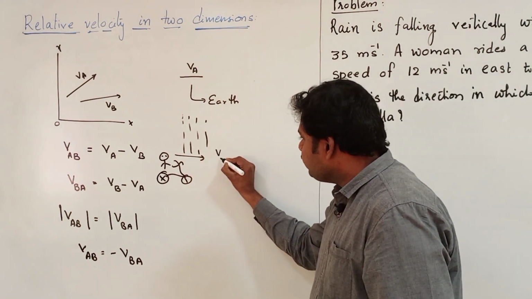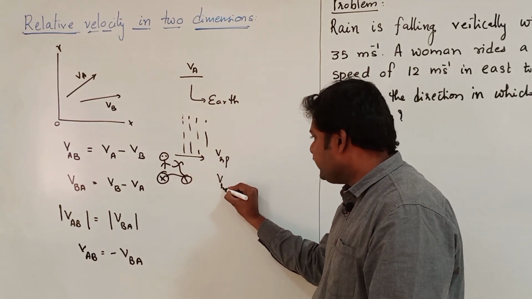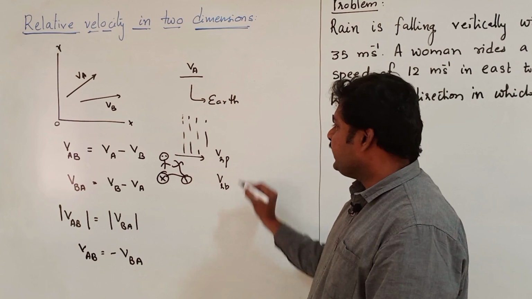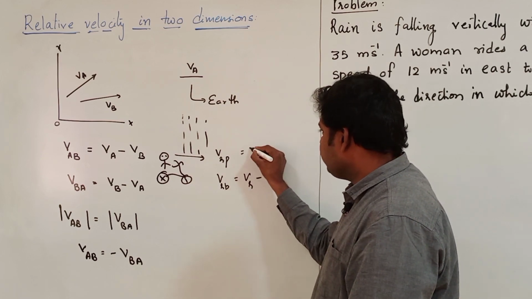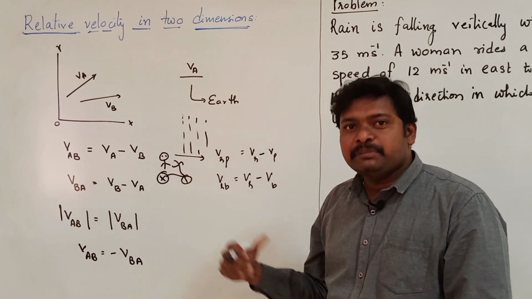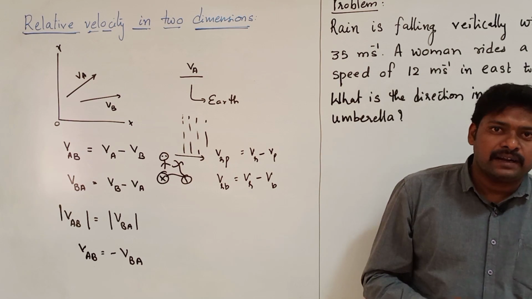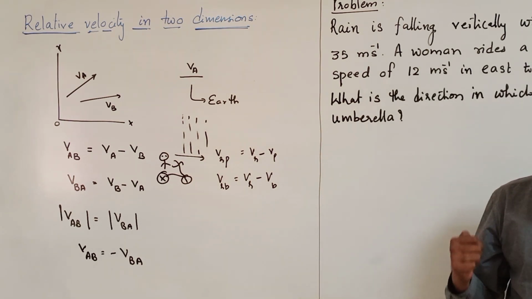The rain speed with respect to a person, or with respect to a bicycle, can be written like VR minus VB, here VR minus VP of the person. Similar problems we can solve, and we can understand very clearly how to find one speed relative to another.